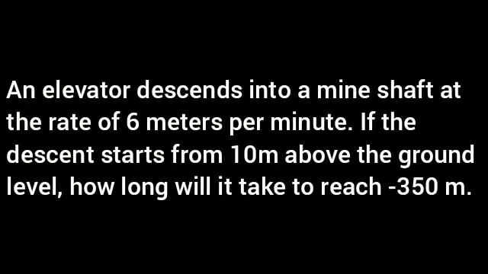Okay. An elevator descends into a mine shaft at the rate of 6 meters per minute. If the descent starts from 10 meters above the ground level, how long will it take to reach minus 350 meters? This is the last problem we are solving now. What is given in the data?